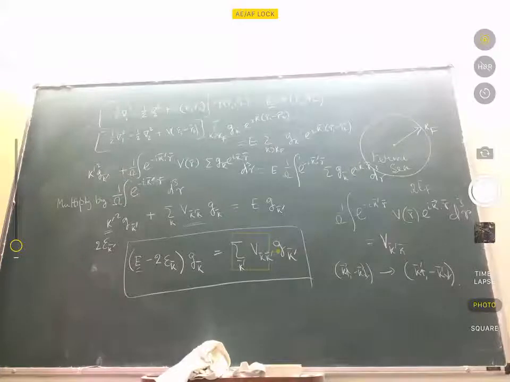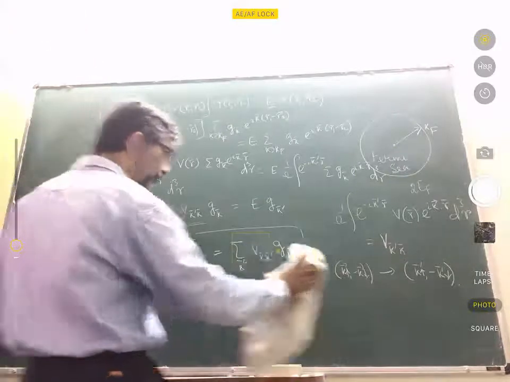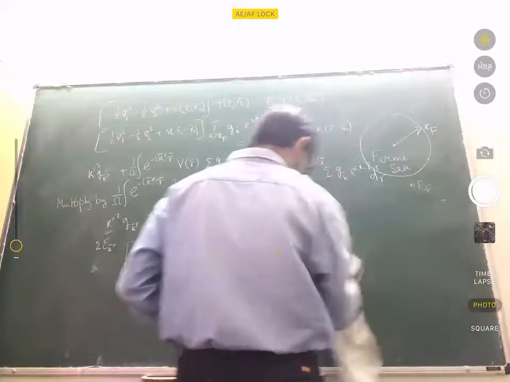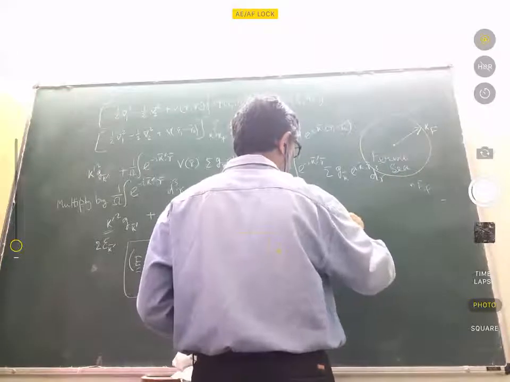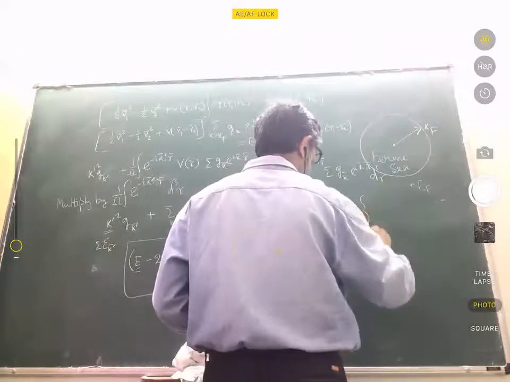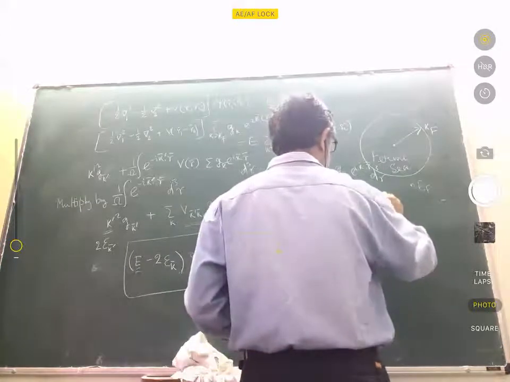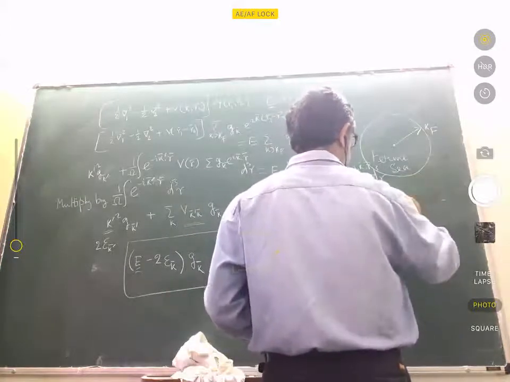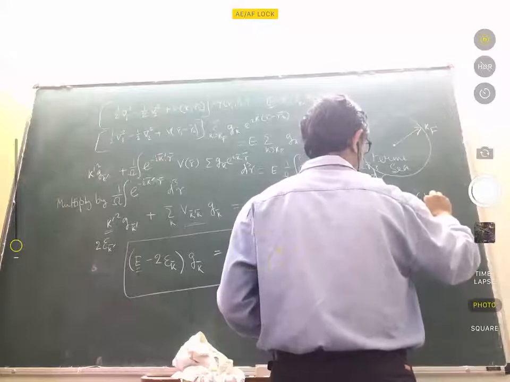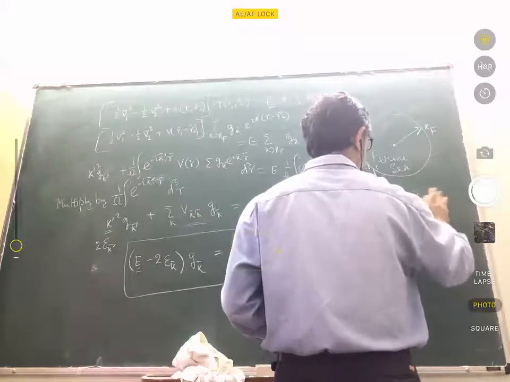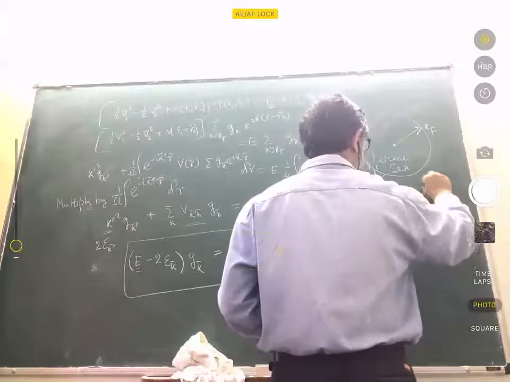So now here, following Cooper's original work, what we'll assume is that V has a very simple form, this V_{kk'}. Let me write it with the units.